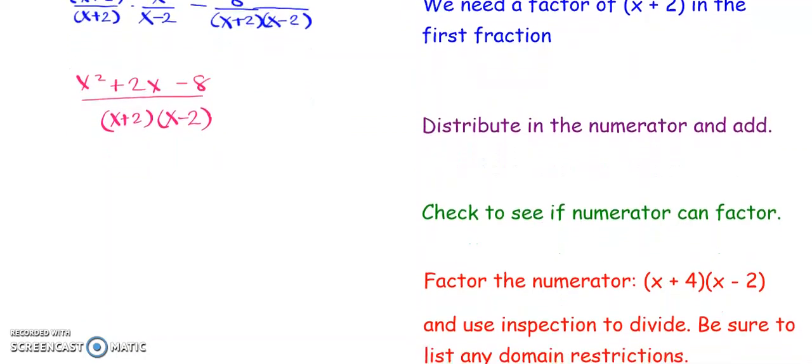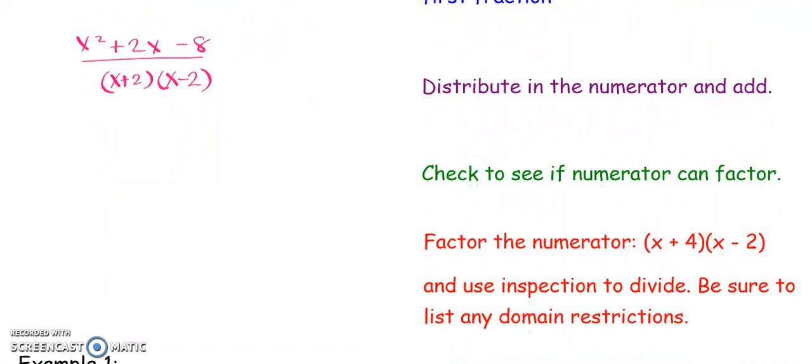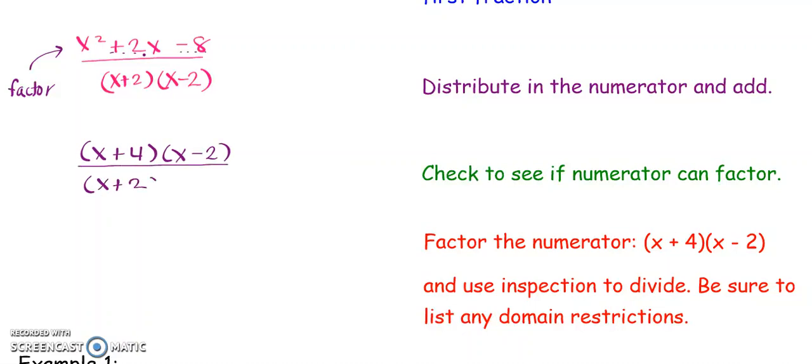Now we're going to see, can we simplify? We've subtracted the numerators. Let's see if we can simplify. We're going to try to factor that numerator. We need two numbers that multiply to negative 8 and add to 2. So we have x plus 4 times x minus 2 over x plus 2 times x minus 2.